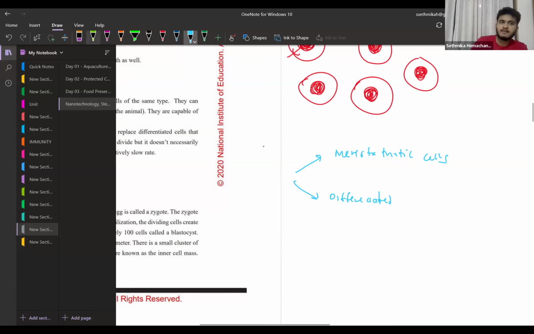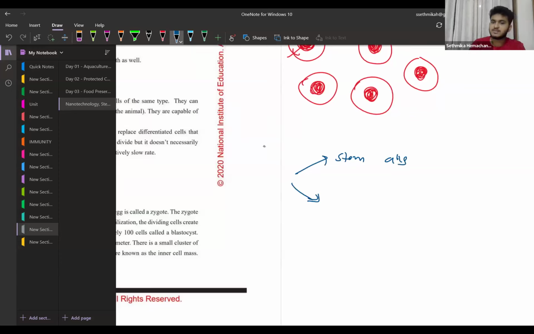Again, in our body, we have the stem cells, which form more stem cells. Imagine one stem cell gives 10 more stem cells. If 2 of them remain as stem cells, the other 8 will differentiate into different cell types.